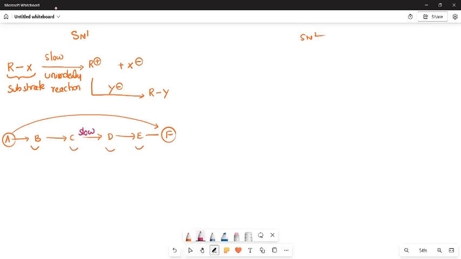Consider this is the slow step, and hence this is the rate determining step. In that rate determining step, how many molecules are involved? That will be the molecularity of that particular step. That slow step will carry the entire reaction representation.